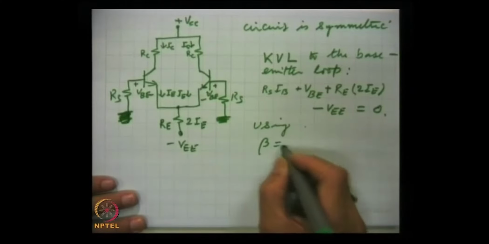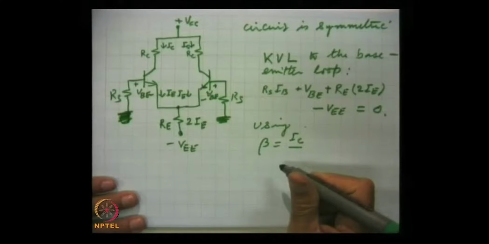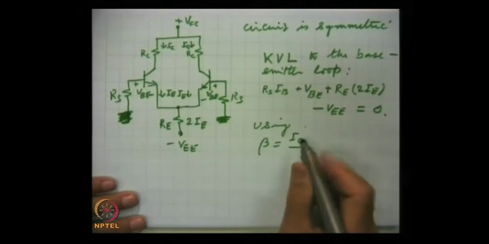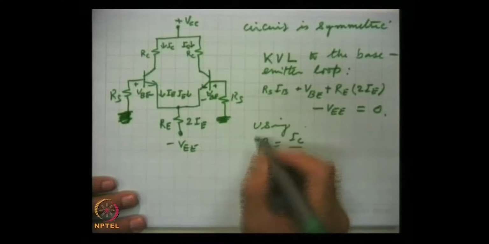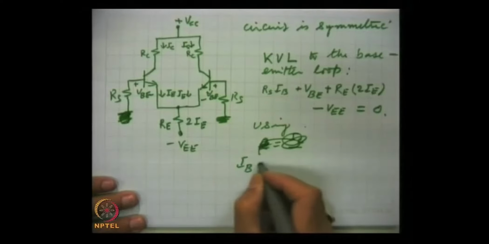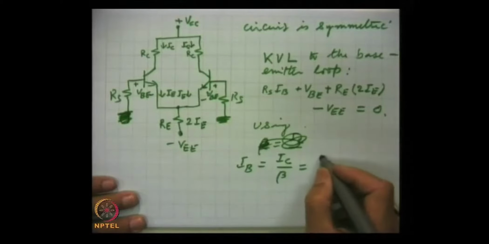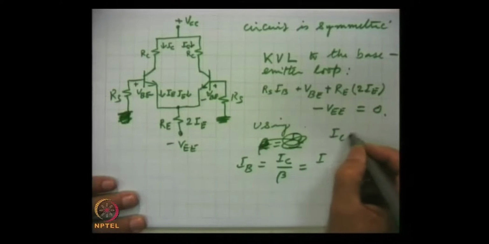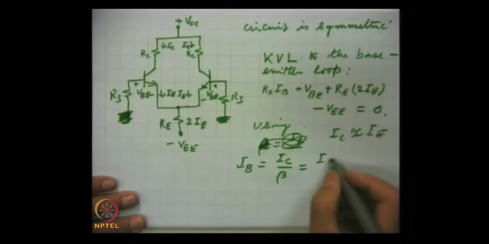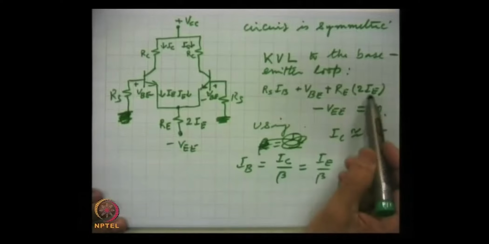So, beta is IC by IB actually, sorry, IB is equal to IC by beta, which is equal to IE by beta, because IC is the same as IE. So, IB we replace with IE by beta, and one IE is already here.